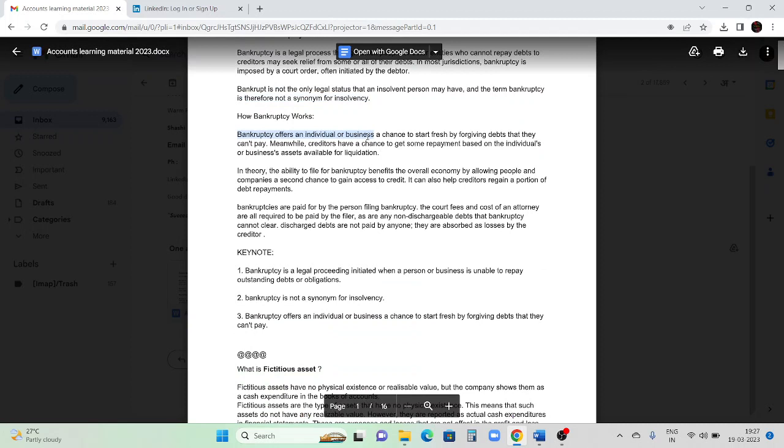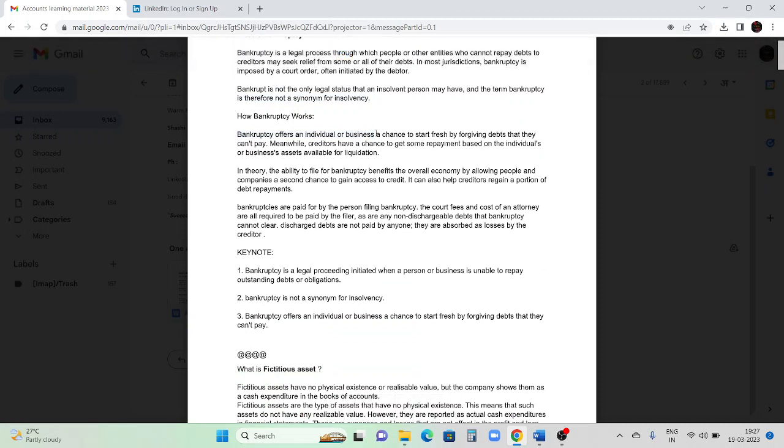So, how does this work? It offers an individual or a business a chance to start afresh by forgiving debts that they cannot pay. Meanwhile, creditors have a chance to get some repayment based on the individual or business assets available for liquidation.